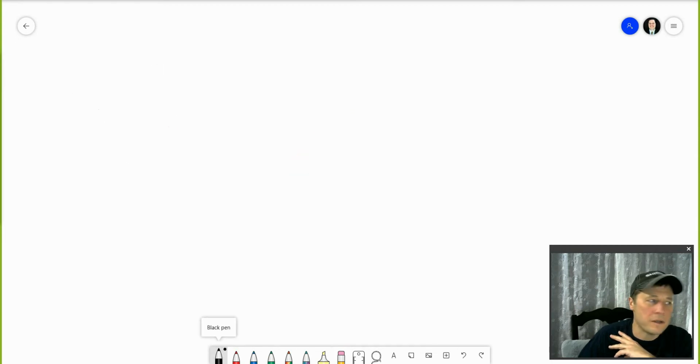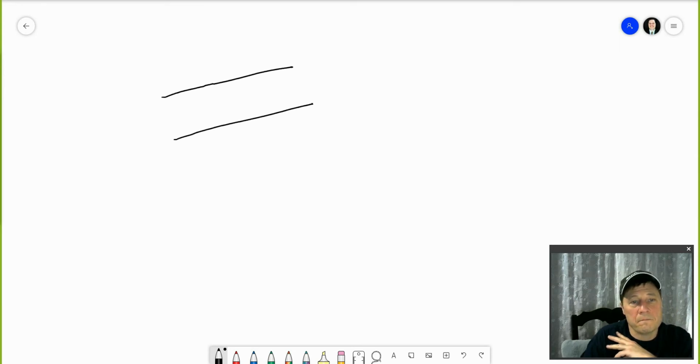What about a transversal? A transversal is a line that intersects 2 or more lines. So if I were to draw this line and this line, okay, we'll say they're parallel, and then I draw this line here. This third line that we drew, this is what a transversal is.